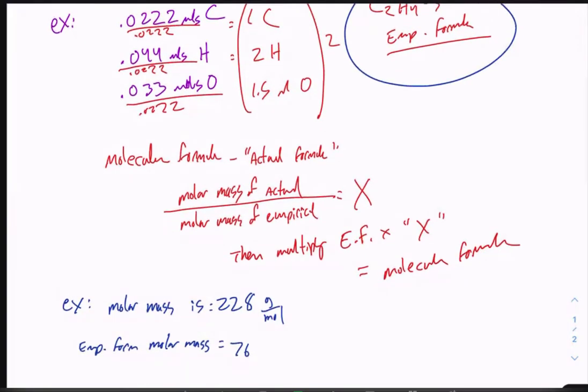So if we want to know what the real formula is, we have to take the ratio of those two molar masses. And that gives us an integer of 3.